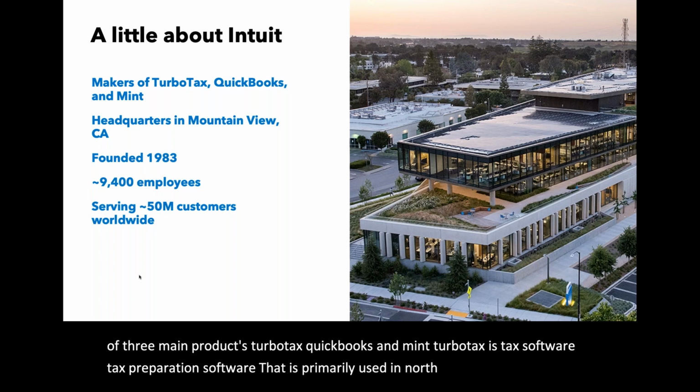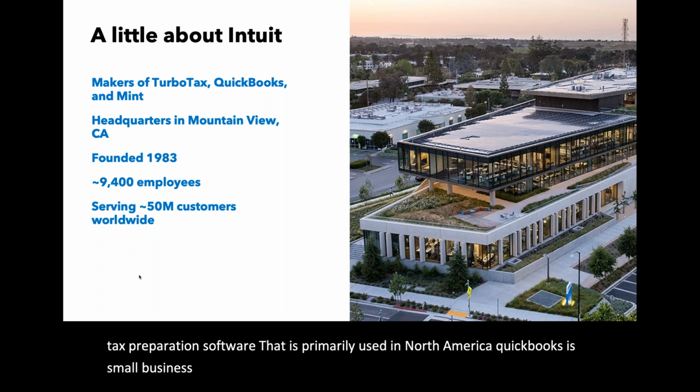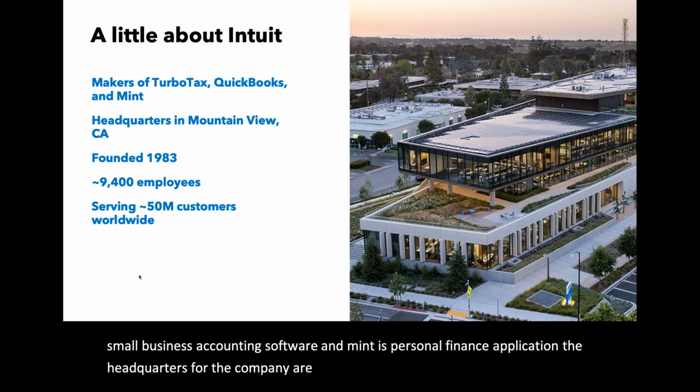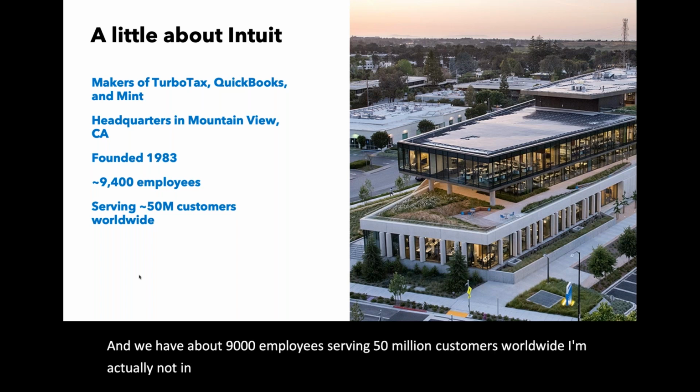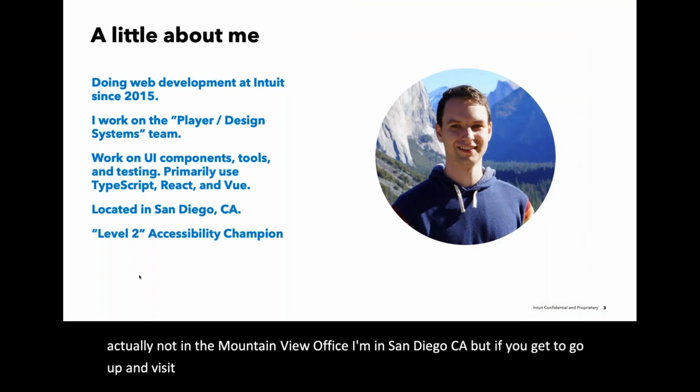QuickBooks is small business accounting software, and Mint is a personal finance application. The headquarters for the company are in Mountain View, California, and we have about 9,000 employees serving 50 million customers worldwide. I'm actually not in the Mountain View office. I'm in San Diego, California, but I do get to go up and visit sometimes.